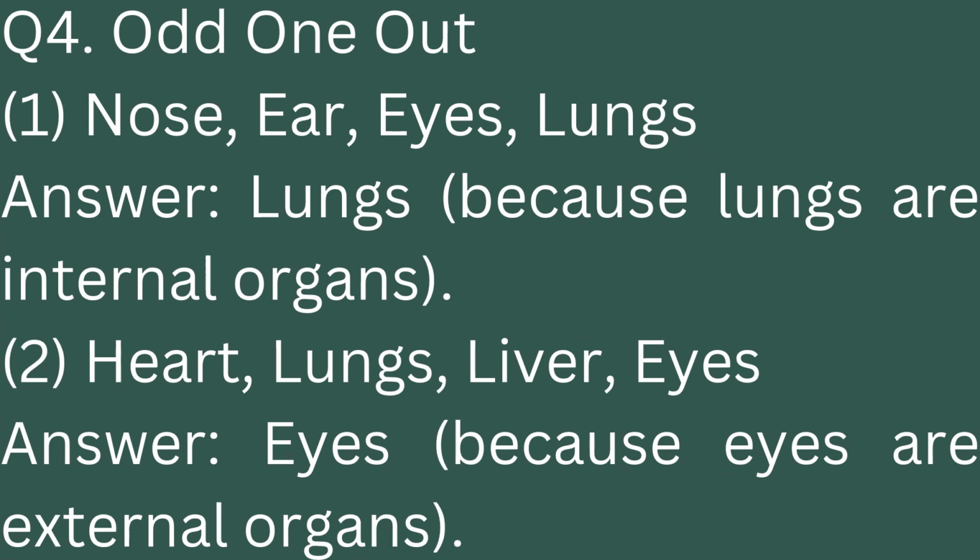Let's find the odd one out. Nose, ear, eyes, lungs. Lungs is the odd one because lungs are internal. Other all are sensory organs. Heart, lungs, liver, eyes. Eyes, because eyes are external organs and other all are internal organs.